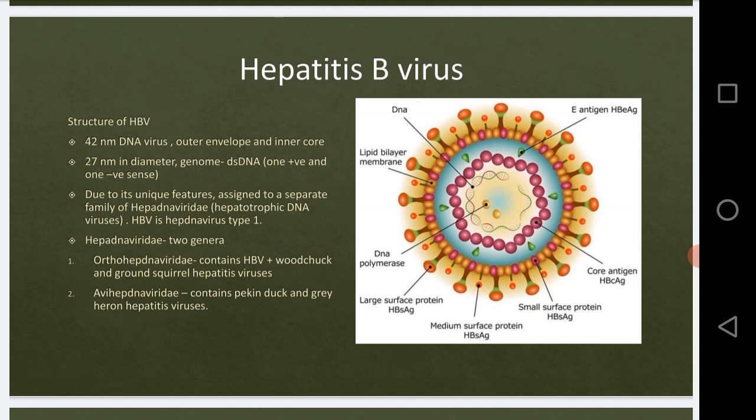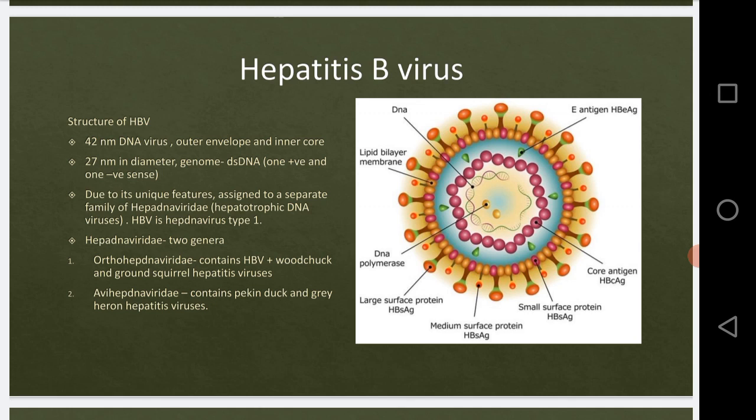Then the second genus of this family is Avihepadnavirus. Which viruses come under this genus? The Pekin duck virus and the grey heron hepatitis viruses.